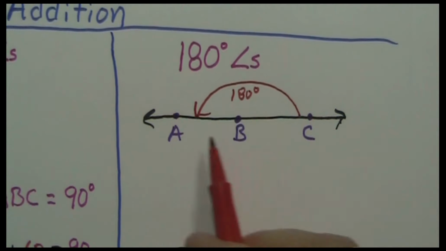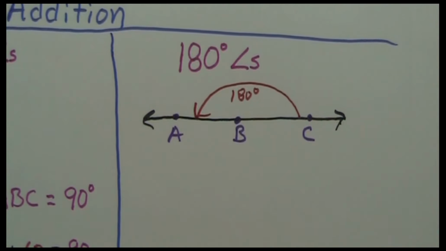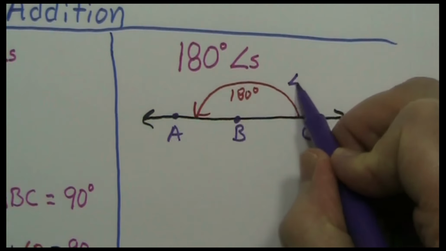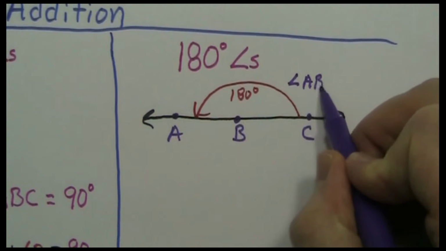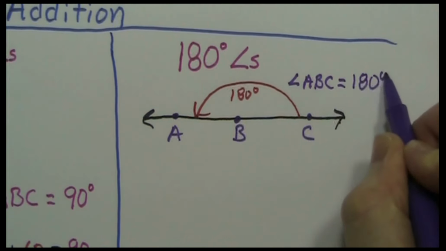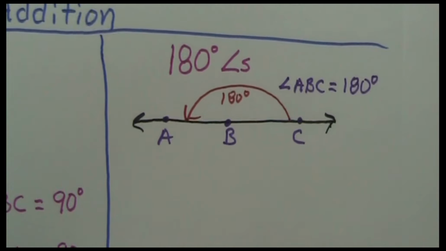Okay, that's called a straight line or a straight angle. And we would say angle A, B, C equals 180 degrees.